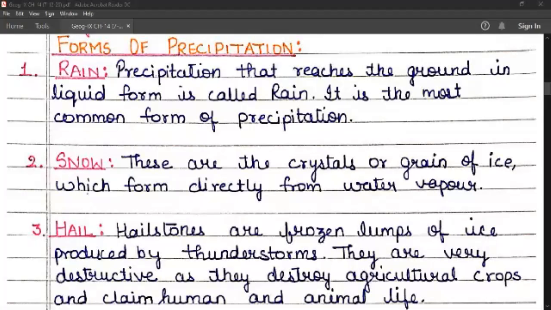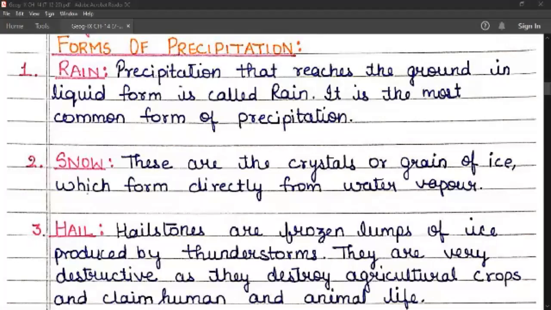Now children, let us discuss the various forms of precipitation. First, rain. Precipitation that reaches the ground in liquid form is called rain. It is the most common form of precipitation. Number 2, snow.